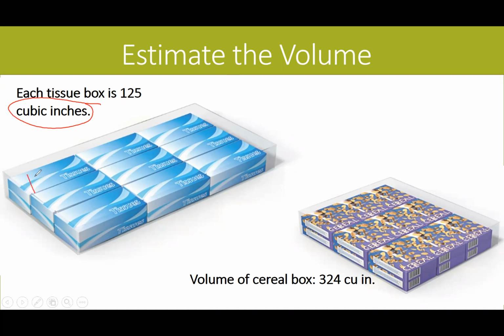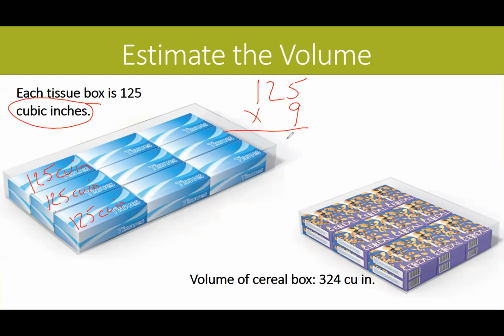So here is 125 cubic inches. And this one's 125 cubic inches. And this one's 125 cubic inches. So I could add 125 9 times, or I could very simply multiply 125 times 9.